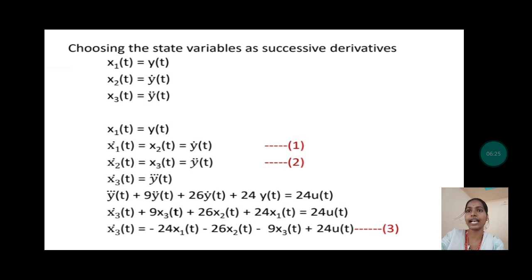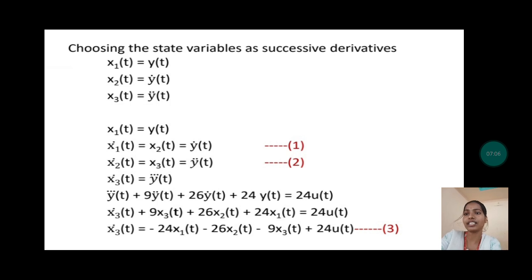Choosing the state variables as successive derivatives: x1 of t is equals to y of t, x2 of t is equals to y dot of t, x3 of t is equals to y double dot of t. x1 dot of t is equals to x2 of t, that is equals to y dot of t, is equation 1. x2 dot of t is equals to x3 of t is equals to y double dot of t, that is equation 2. x3 dot of t is equals to y triple dot of t.